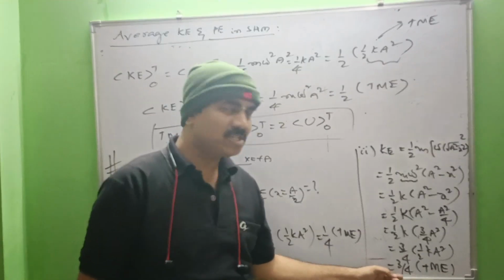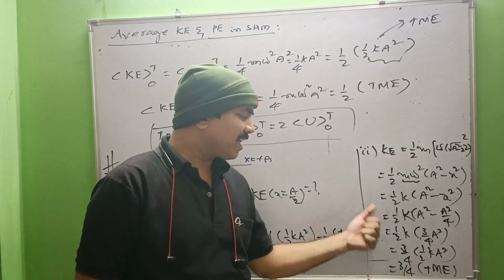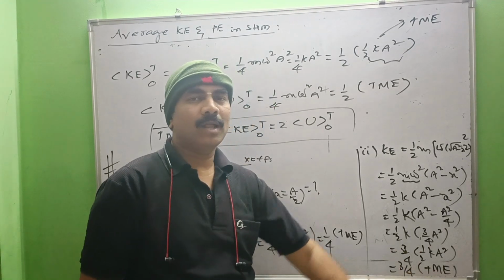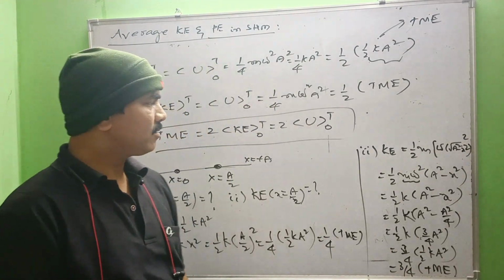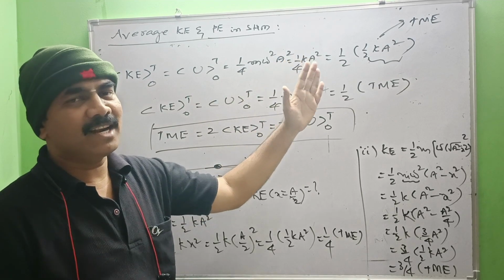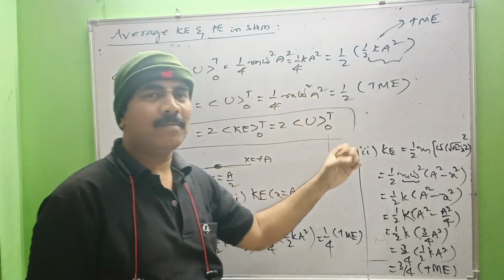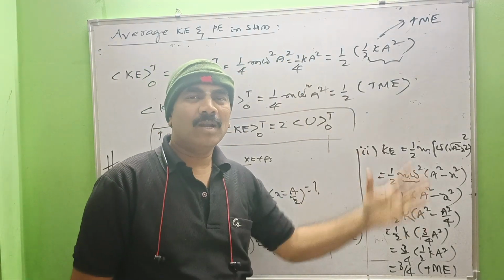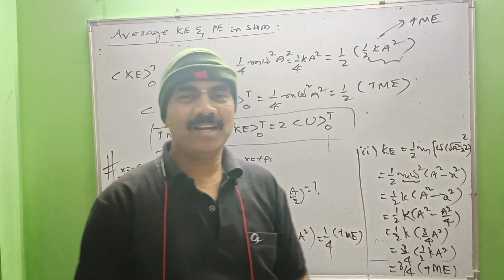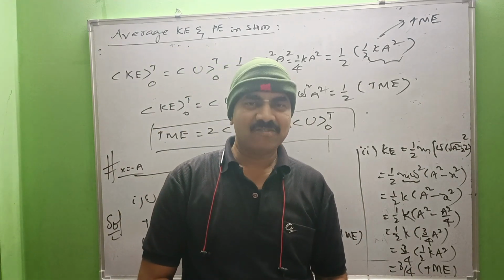At the same position, the kinetic energy carried by the same particle is 3/4 of the total mechanical energy. So that's how potential energy and kinetic energy change during oscillation, but the total mechanical energy remains constant. Okay, friends. Thanks for watching. Bye.